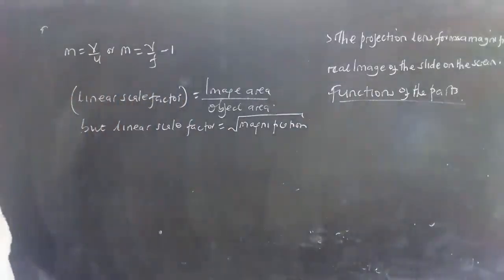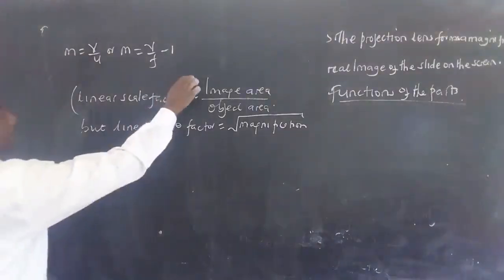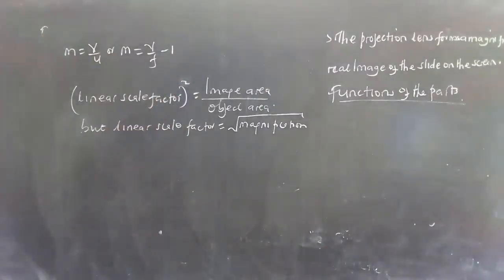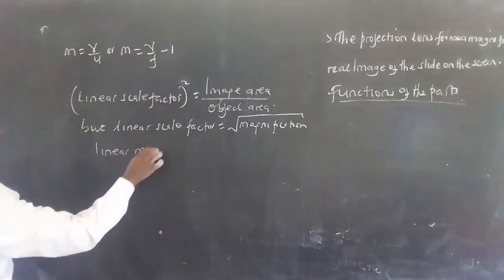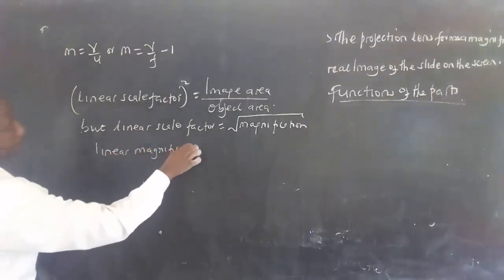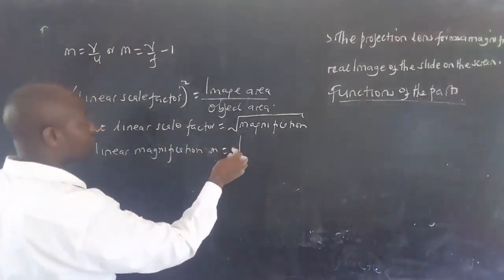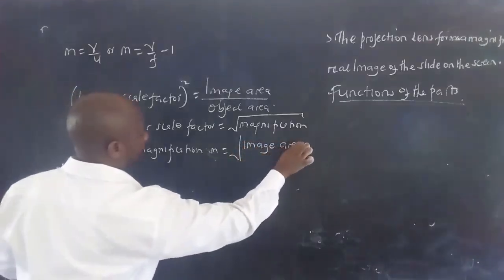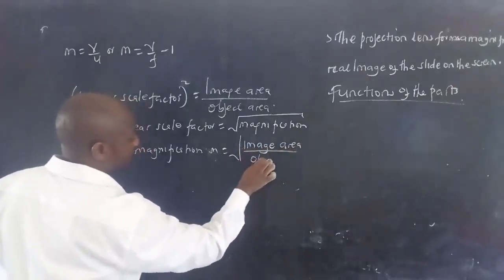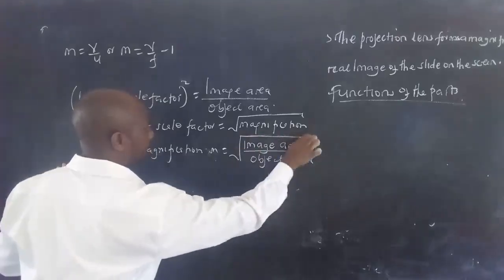Actually, this is the linear scale factor squared, so here we take the square root. We shall now say linear magnification is equal to the square root of image area divided by object area.